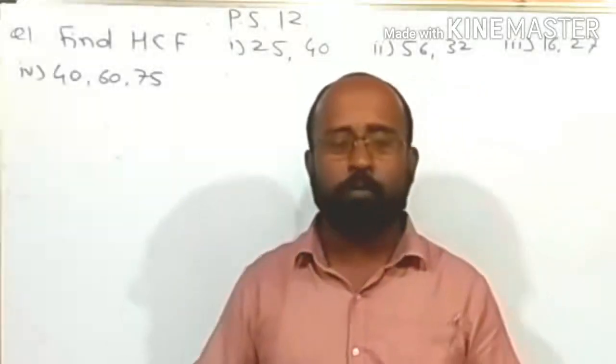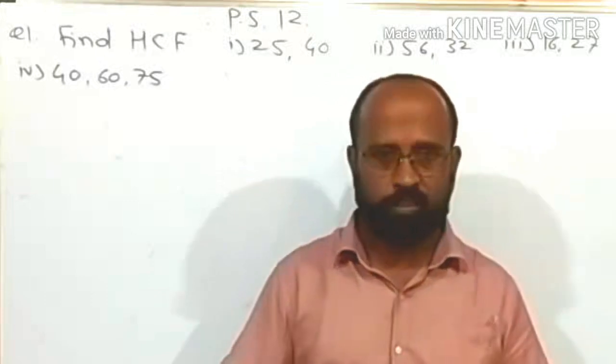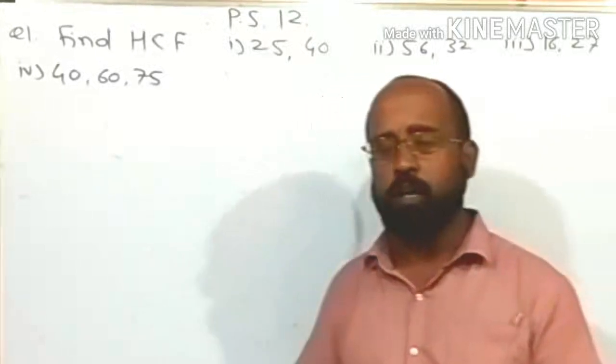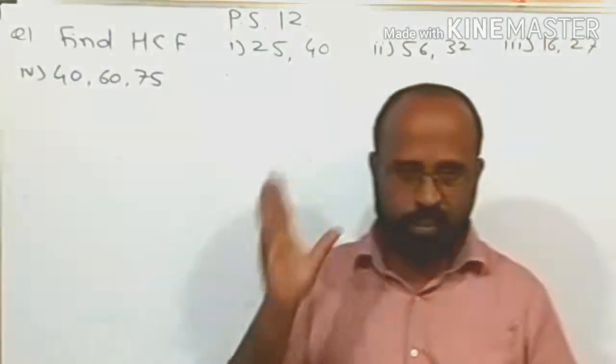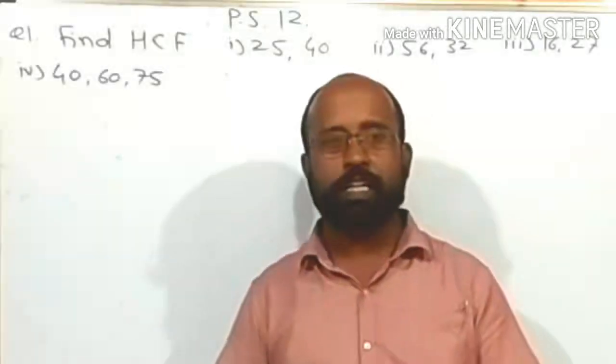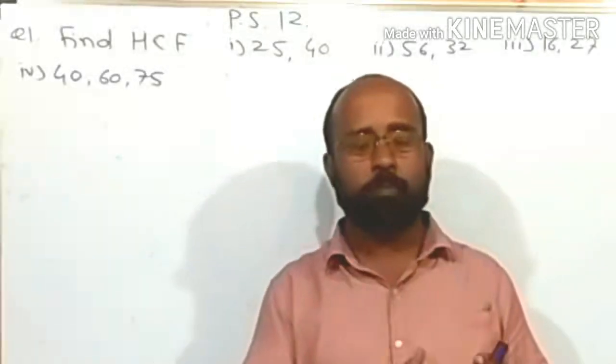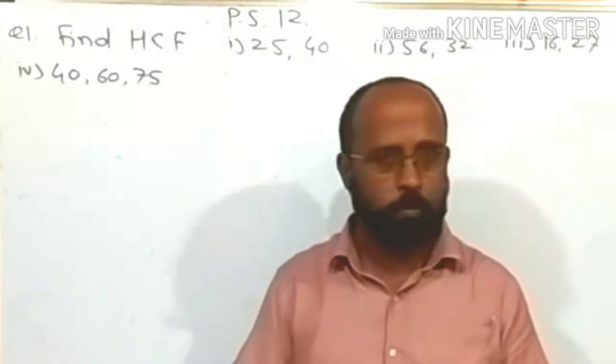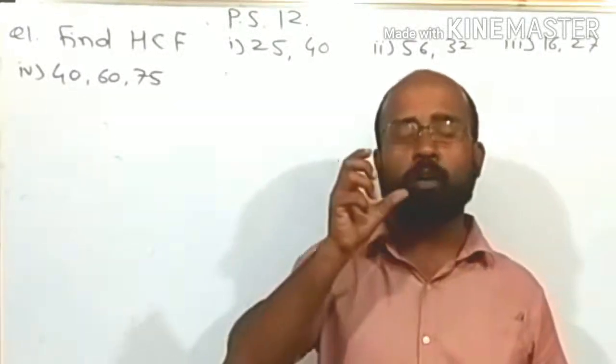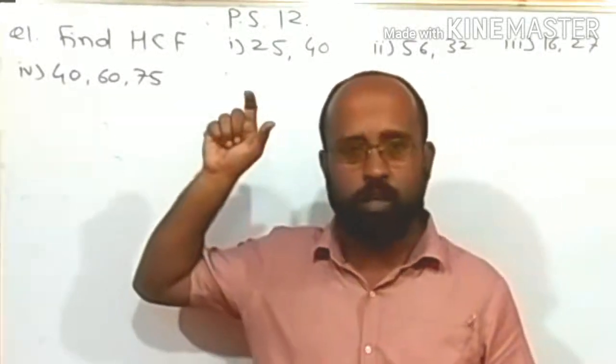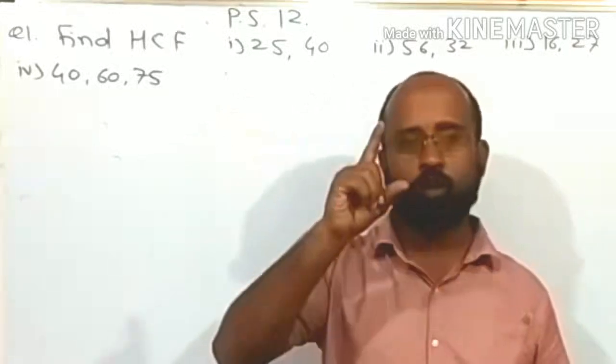After the overview video, we dedicated one video for prime factorization, and in that video we covered a few questions from practice set 11. This video is dedicated to finding HCF, highest common factor, between two numbers, and we'll cover a few examples from practice set 12. Okay friends, so let's go.